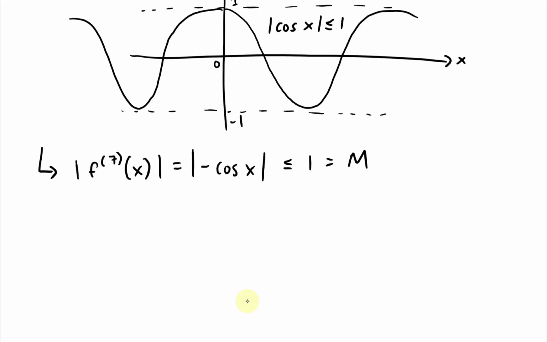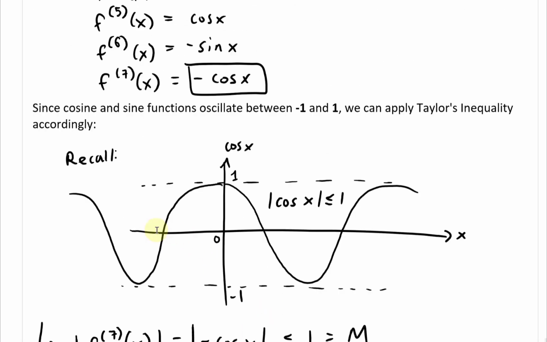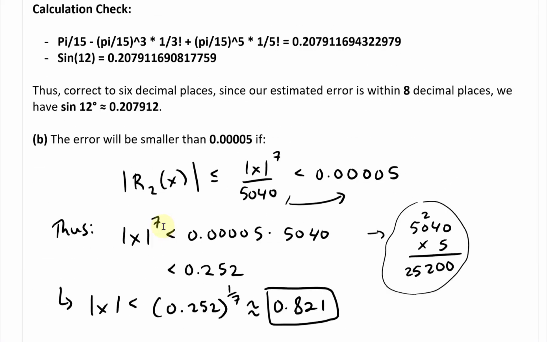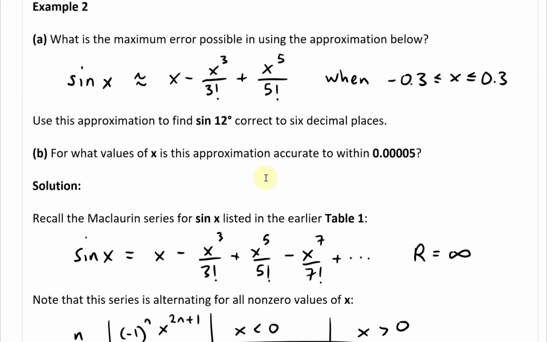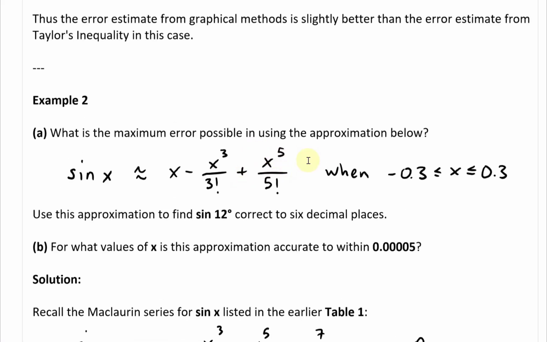So what we have is the remainder, R6 of x. And again, remember we're doing R6 because even though this one goes to the 5, the next one is going to be a 0.